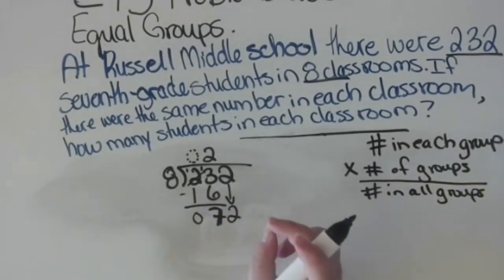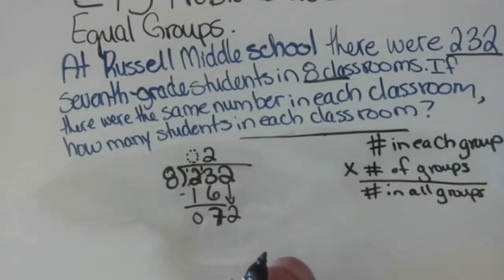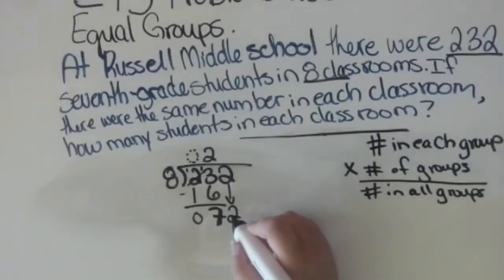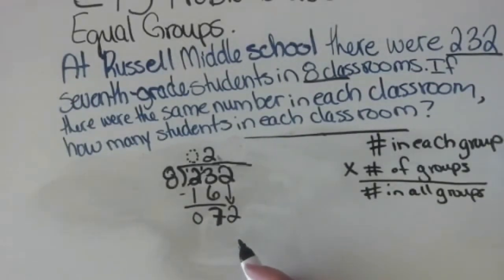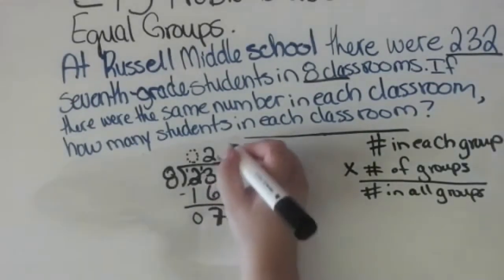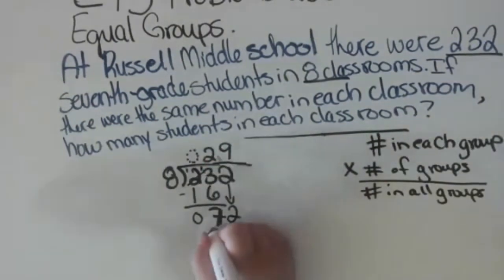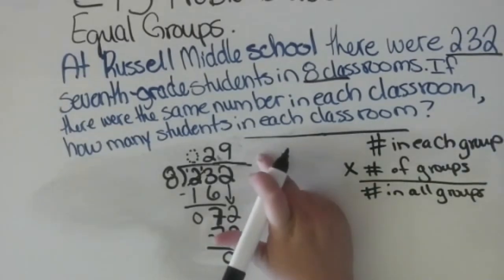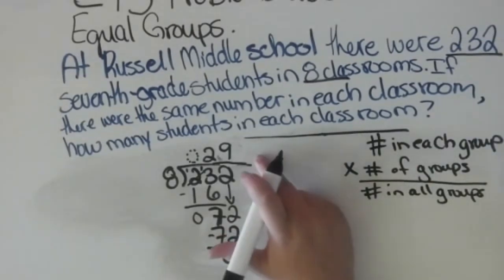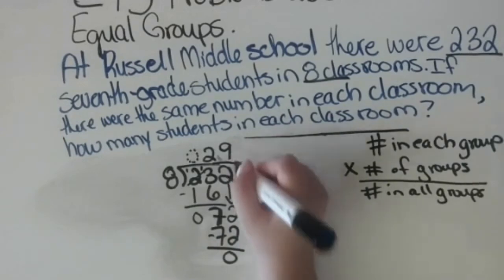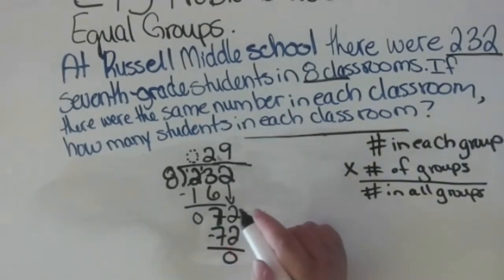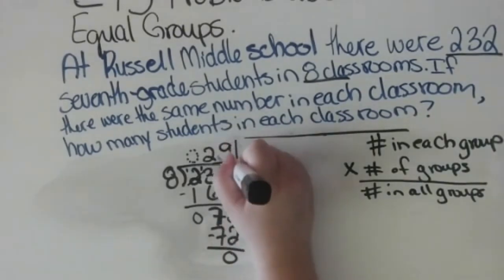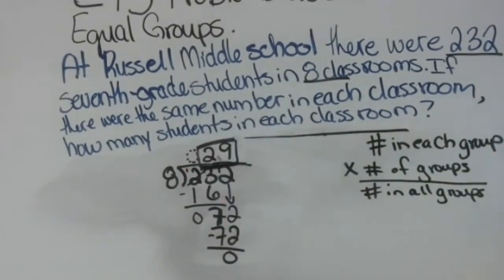This is where a multiplication chart would come in very handy. 8 goes into 72 9 times, which is 72. Subtract equals 0. I now have how many students would be in each class. In 8 rooms, I would have 29 students in each class to be able to make 232 students. So my answer is the quotient 29.